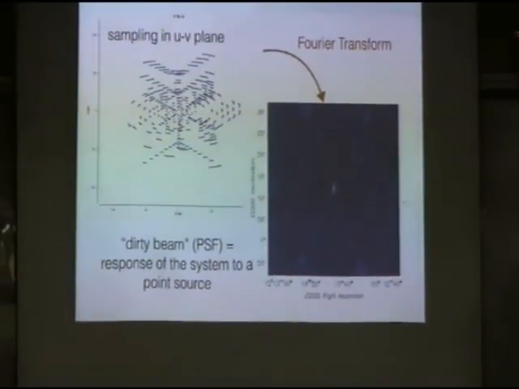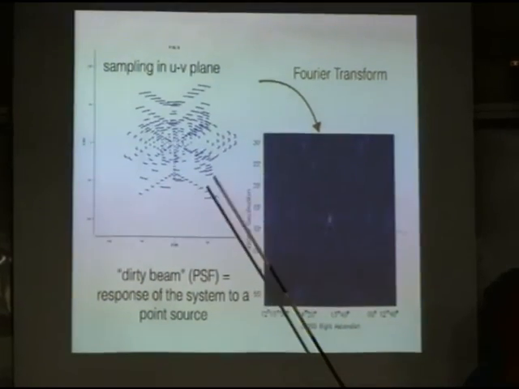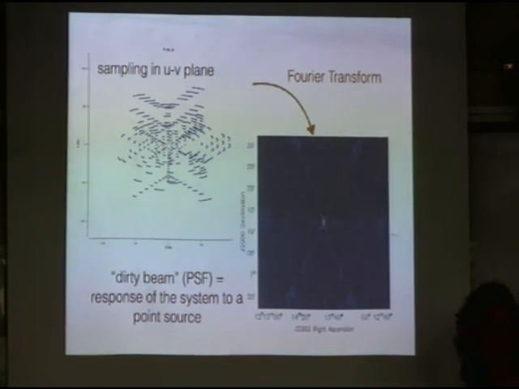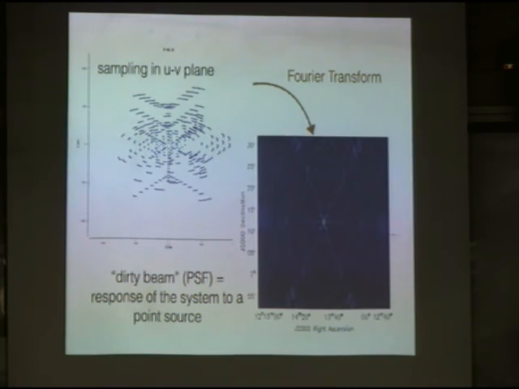Depending on your UV coverage, you will have some extra noise, so you inherit a pattern depending on how the telescope is aligned and how long you have been observing. This is what we call the dirty beam.